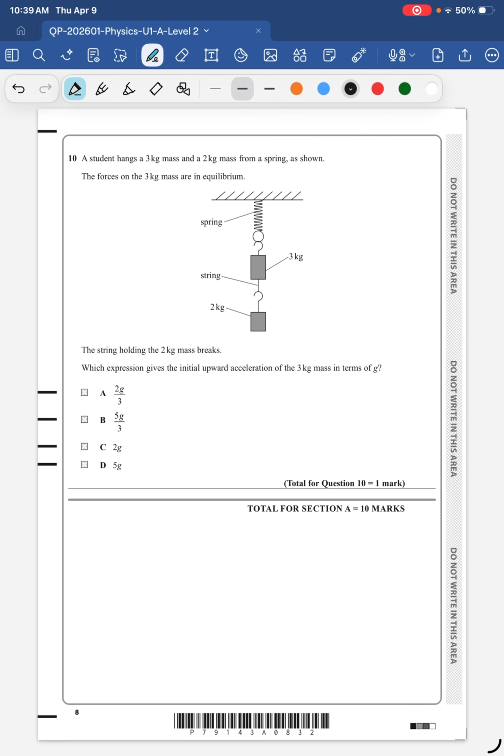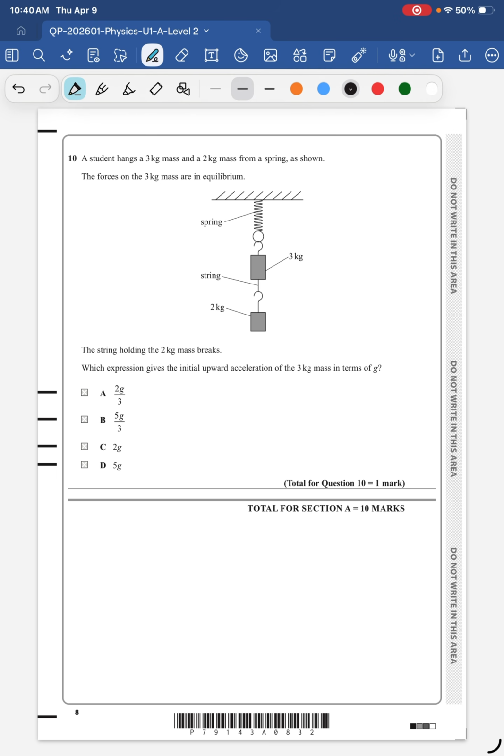Now question 10. By the way, these questions were hard, I think. I mean, this test was a hard test, I believe. So anyway, a student hangs a 3 kilograms mass and a 2 kilogram mass from a spring as shown. The forces on the 3 kilograms mass are in equilibrium. The string holding the 2 kilograms mass breaks.